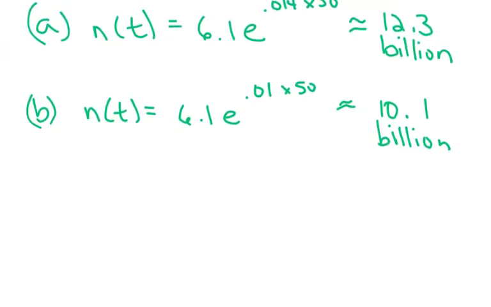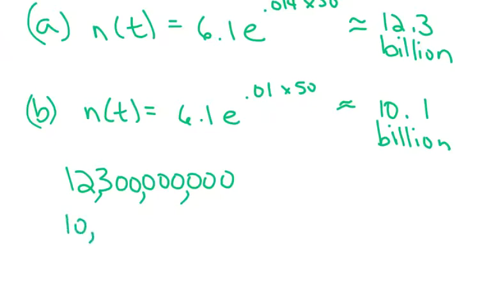So the difference here, 12.3 billion is going to be 12.3 times 1 billion. That should be 12.3 billion. 10.1 billion is this.